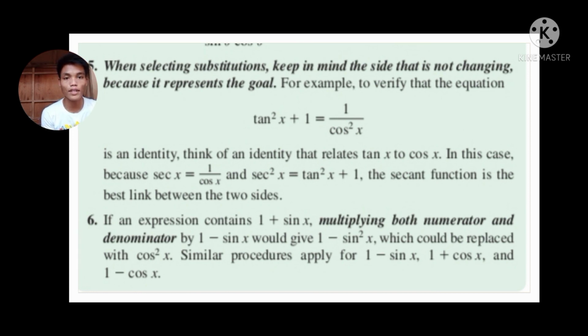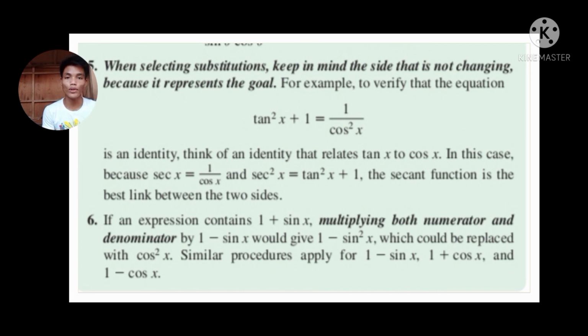In this case, secant x is equal to 1 over cosine x, and secant squared x is equal to tan squared x plus 1. The second function is the best link between the two sides. So we must keep in mind that the relation between the two is equivalent.